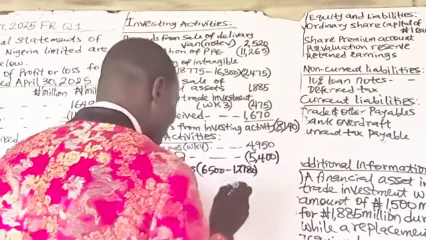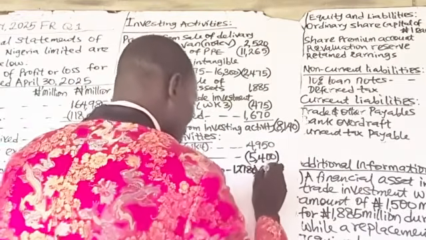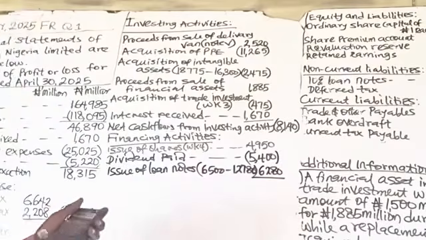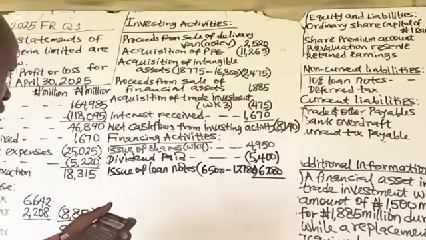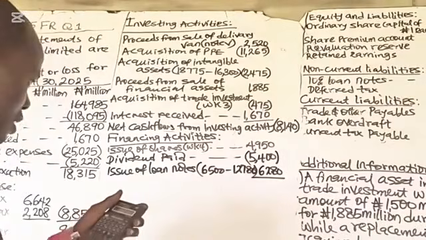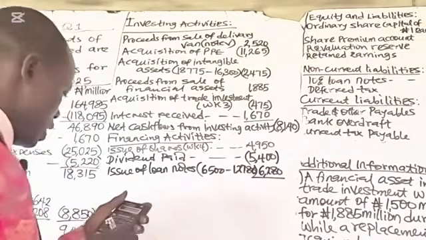You have the difference of 6,280. 6,280. Now, if you sum up everything, 4,950 minus 5.4 plus 6,280.